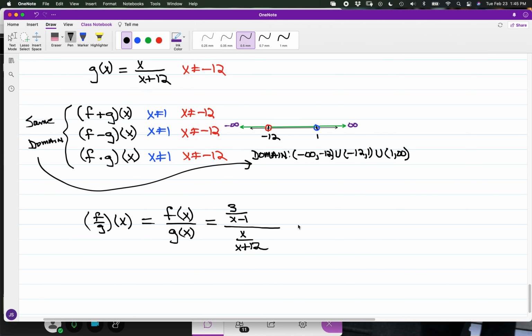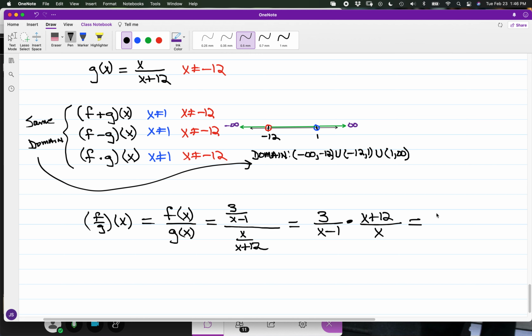Right now I have a ratio between fractions. To get out of the fraction of fractions, we have 3 over x minus 1 divided by x over x plus 12, and we have to undo the division by a fraction. I can multiply by the reciprocal of the fraction on the bottom. So here we have 3 over x minus 1 times x plus 12 over x.